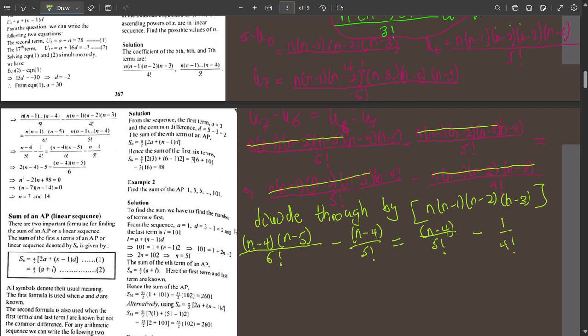Perfect. Now we can expand the numerators and then find a common denominator to cancel them.